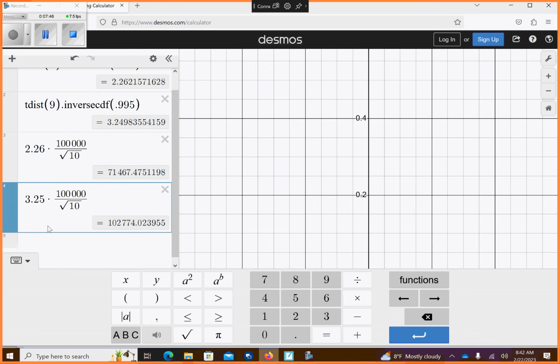All right, so that's my margin of error between the two. So my 2.26 yields us a 71,467.48. My other one is going to be a 102,774.02.